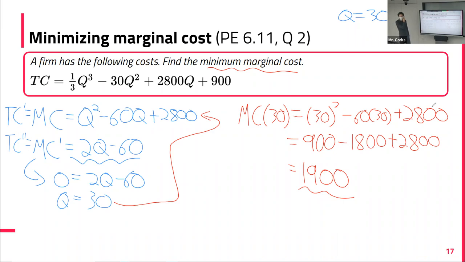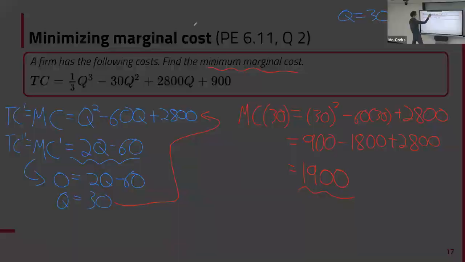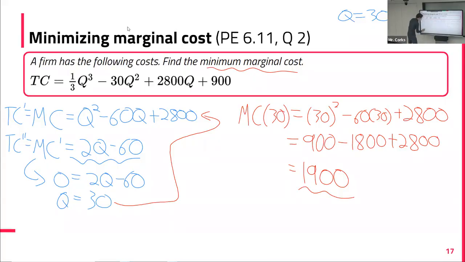Everyone's finished writing? Okay. So there's our inflection point for this total cost curve. This is our most efficient point. So item number 30 has the lowest per item cost, the individual cost.